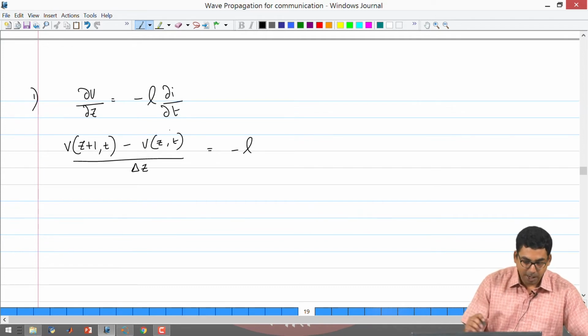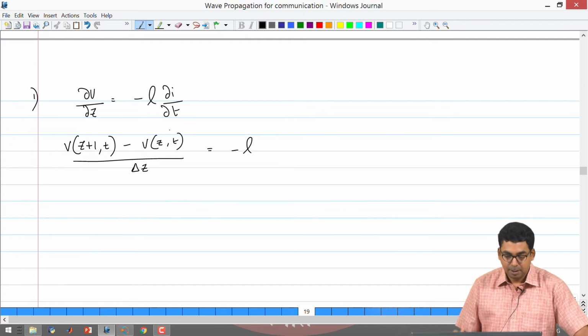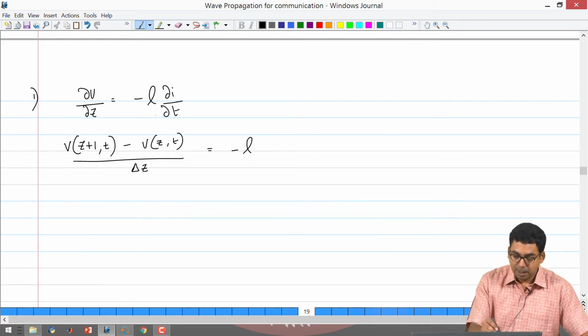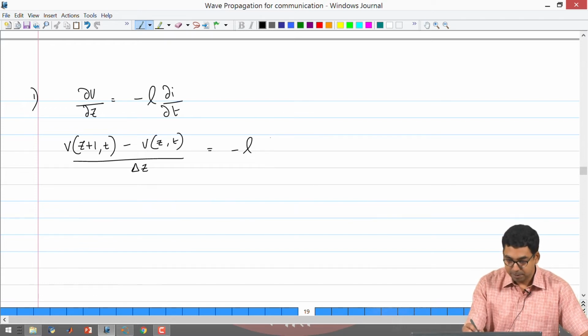And for dou I by dou t, let us write this down in terms of forward difference in time. So this will become minus L, I of z of t plus 1.